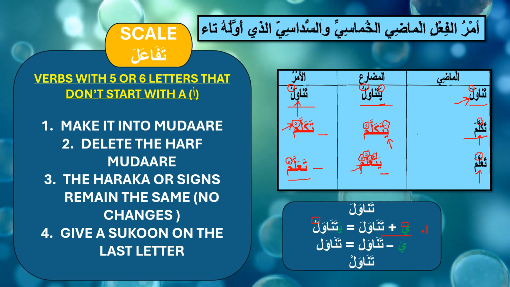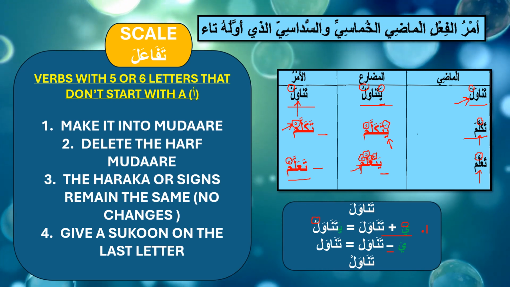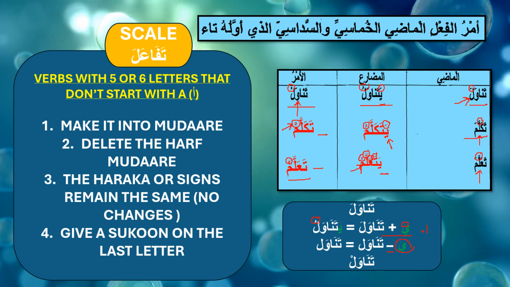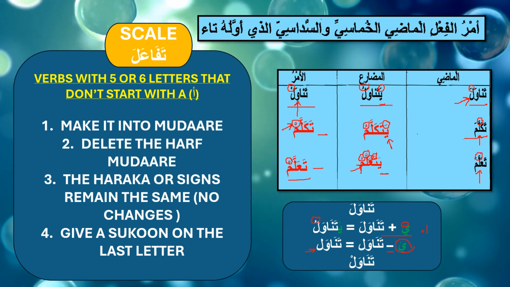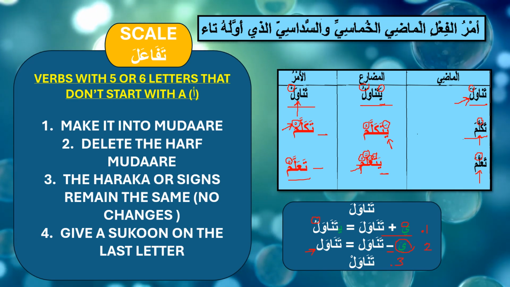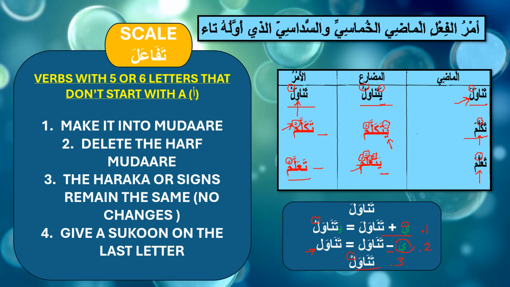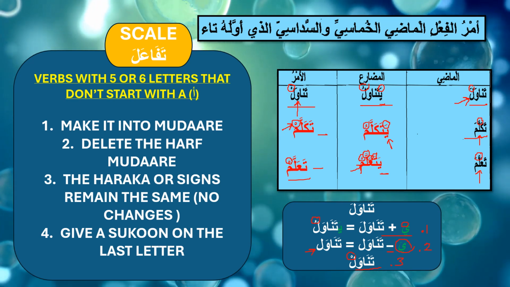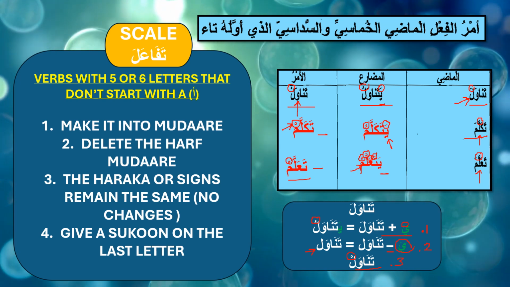But the moment you want to make it into a command, what you have to do is delete, subtract, or minus the harf mudare only. And now you have tanawal. I have left the lam empty because your third step should be giving a sukoon on the last letter. All the harakas remain the same on all the letters that are left behind after subtracting the harf mudare.